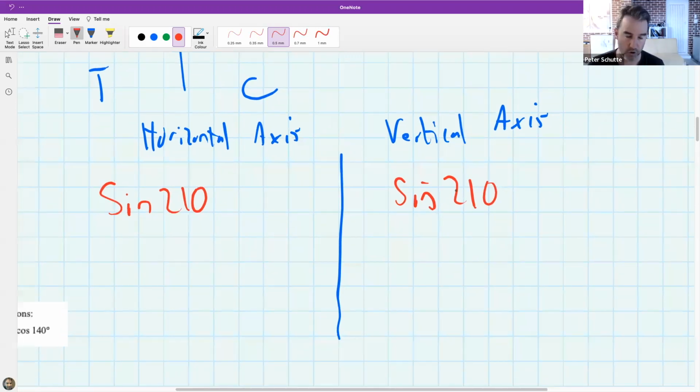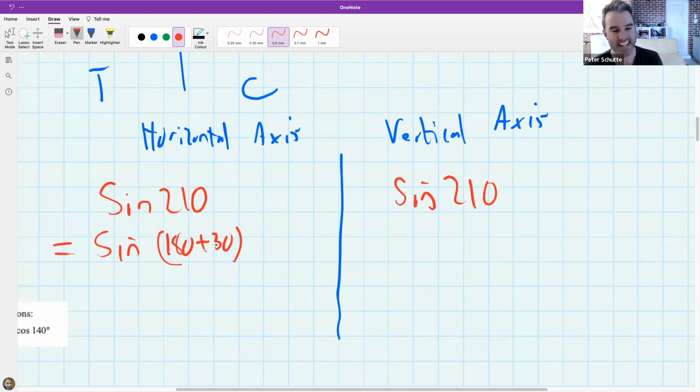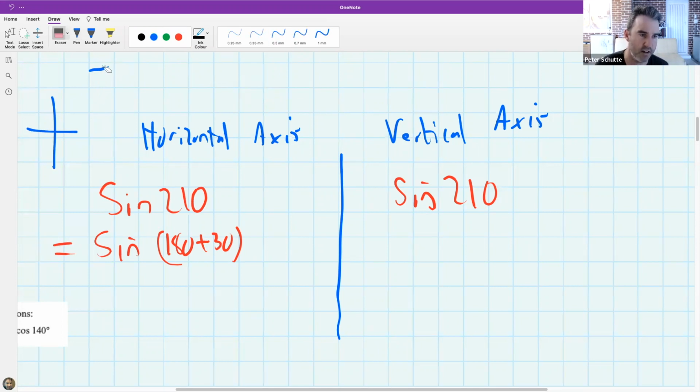If I'm using the horizontal axis, I would just rewrite 210 as 180 plus 30. That shows me very clearly how far away the sine of 210 is from the nearest horizontal axis. I'll do a little CAST diagram up in the top here, just so we can keep track of where we are.